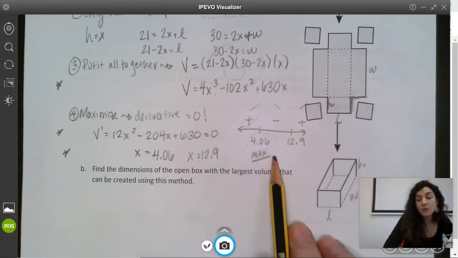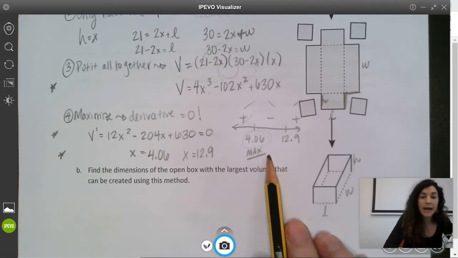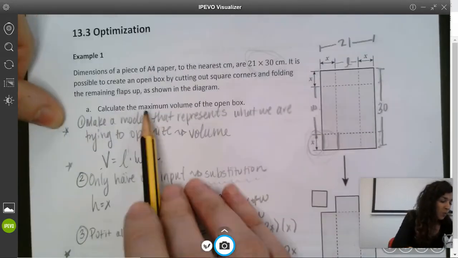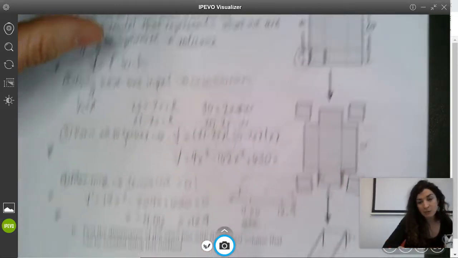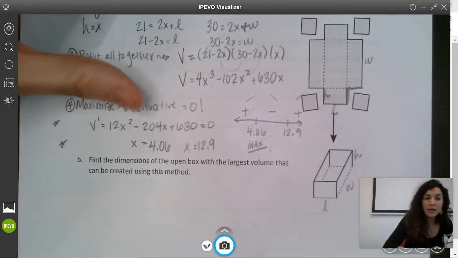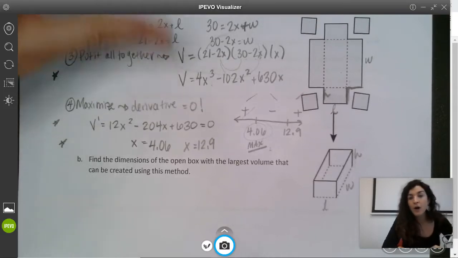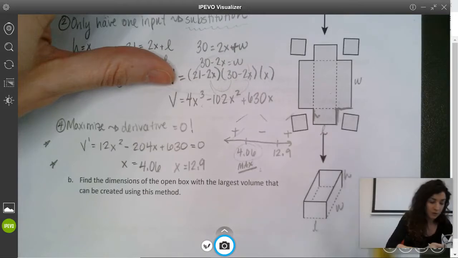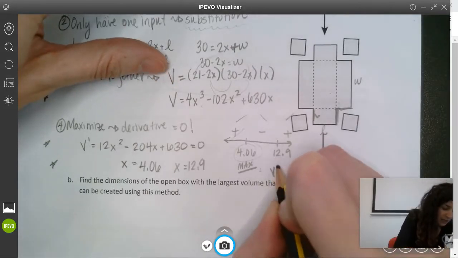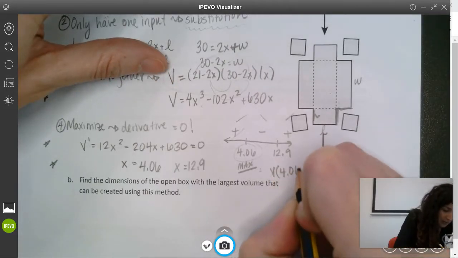When x equals 4.06, we have a maximum, but the question says, what is the maximum volume? Since we're finding the maximum volume, we are going to plug this value into our original function because our original function is a function of volume. So we need to find V of 4.06.